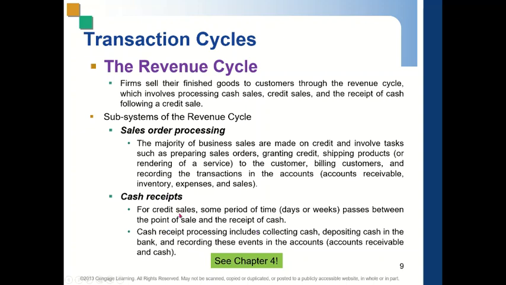So even for credit sales, at some point people start paying, and so there's cash that is coming in, and so we need a subsystem that will help us with the processing of that cash, collecting the cash and depositing it in the bank, and all of that. And we will talk again in detail about the revenue cycle when we cover chapter 4.